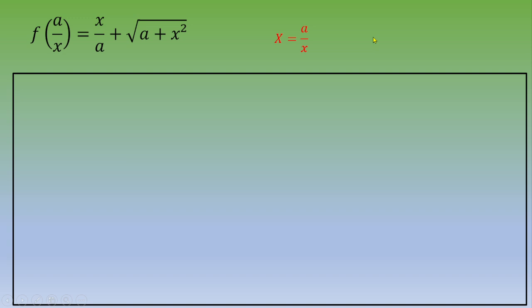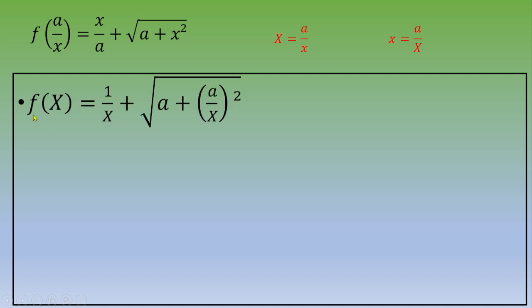So we can switch, and x equals a over capital X. So now the goal is to plug capital X everywhere. So a over x, instead of this we can put capital X. X over a, this is the inverse of a over x.